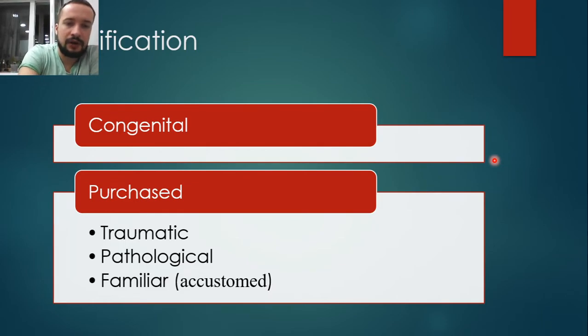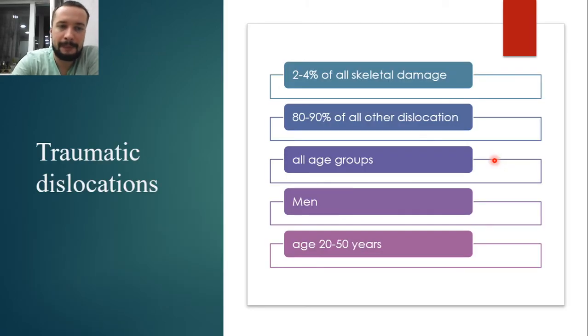Okay, classification. There are congenital and acquired dislocations. The latter in turn are divided into traumatic, pathological and habitual dislocations.